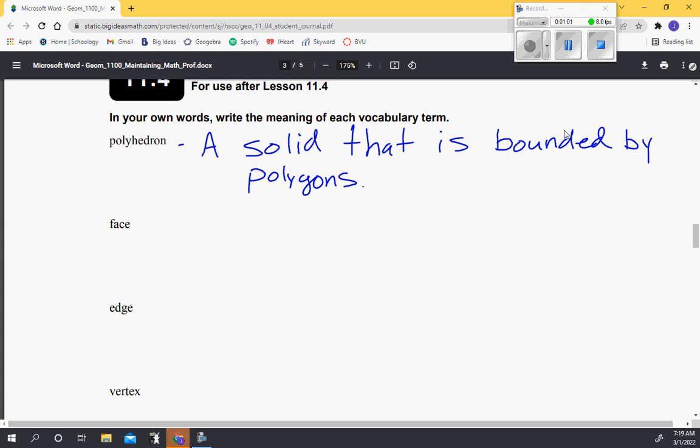The polygons that bound the polyhedron together are called faces.